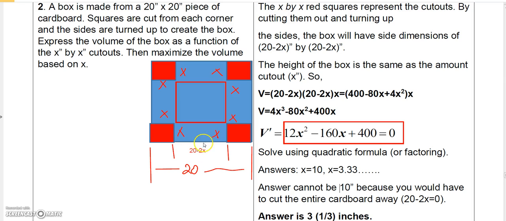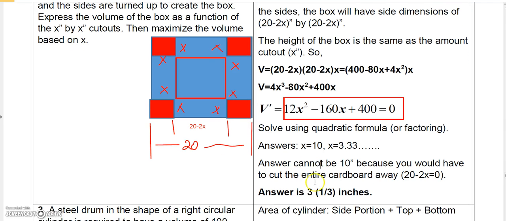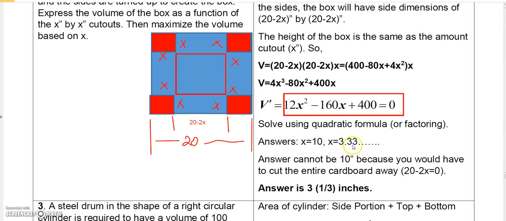You'd have 0 dimensions. If you cut out 10 by 10 squares out of each corner, you wouldn't have anything left for the box. So the only answer that works is 3 1/3.